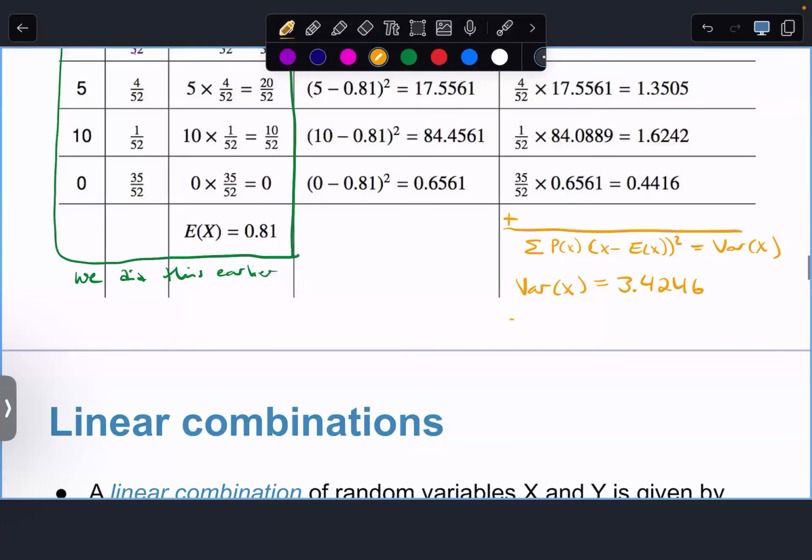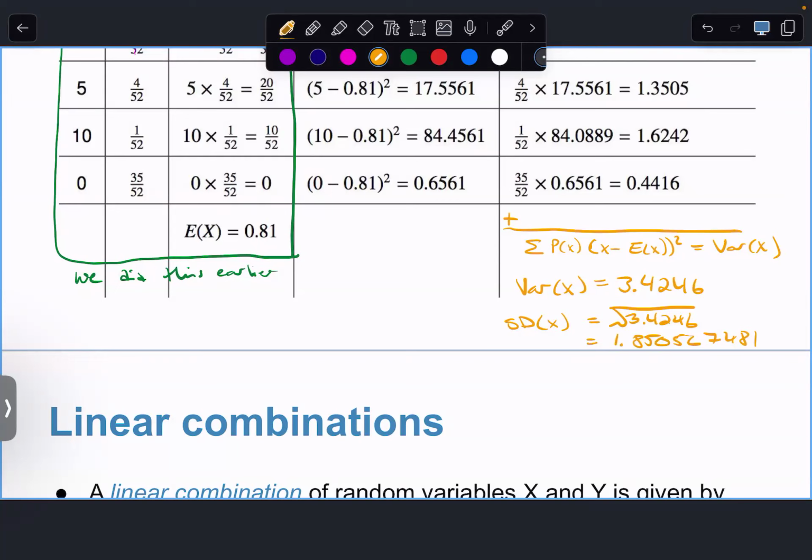And the standard deviation of X is the square root of 3.4246, which is usually what we're after. Where's my square root? Which is not $1 yet. 1.850567481.